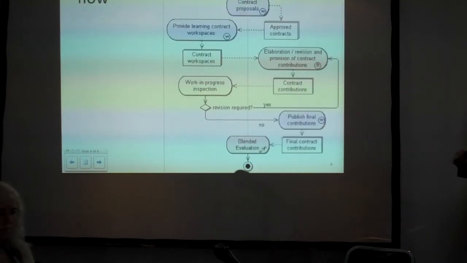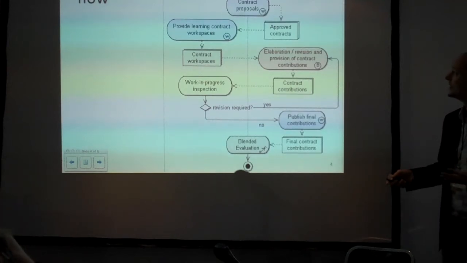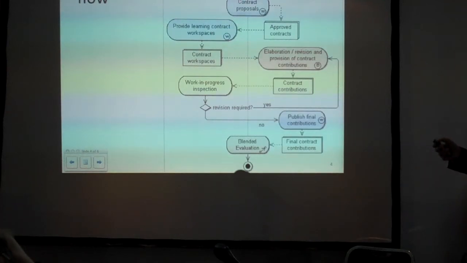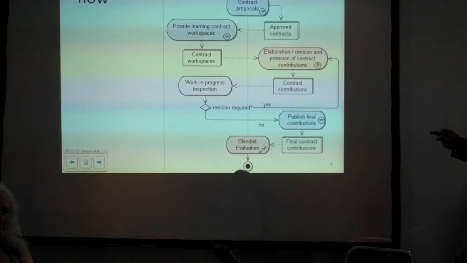Here is a figure that goes through the phases very generically. There's a proposal and an approval phase in the beginning. They get a working space where they can share their contracts and the material that they elaborate while working on the contract.